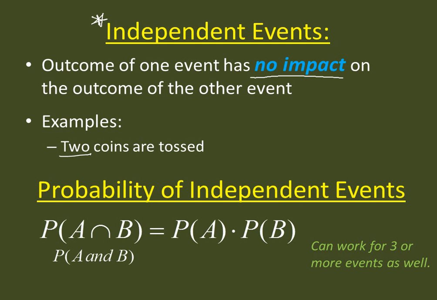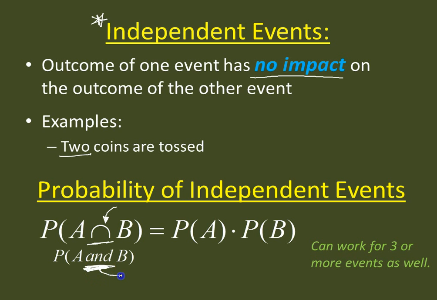Now, the probability of these independent events. This is what the notation looks like. It's almost like an upside down U. Don't let notation confuse you. We've talked about that before in the past. Don't let the notation or the math symbols confuse you. This notation is a notation for and. Okay, so this is a probability of two events occurring.